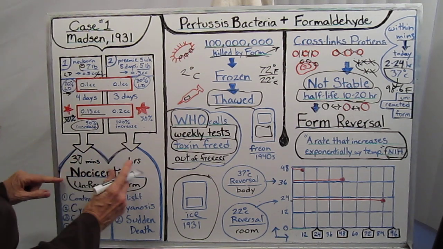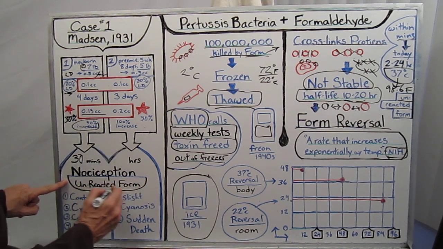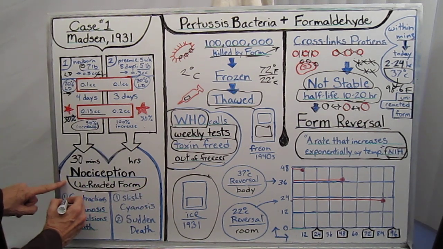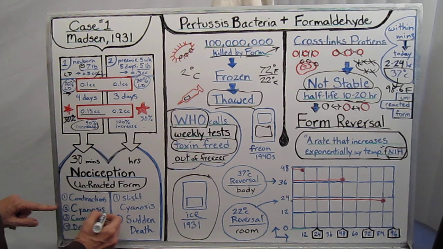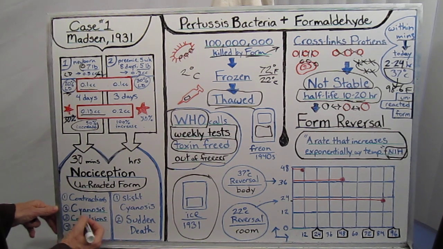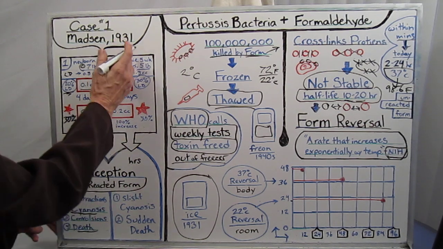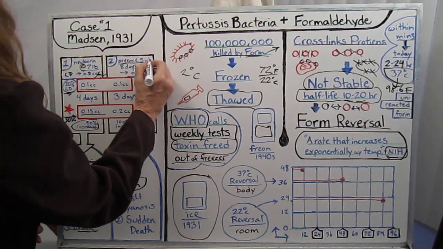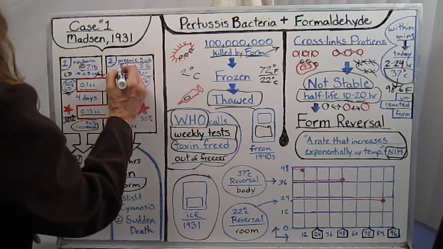Nociception is what happens from unreacted formaldehyde. The child had arm and leg contractions, cyanosis, in which they turn blue because they can't breathe, and then convulsions, and died.